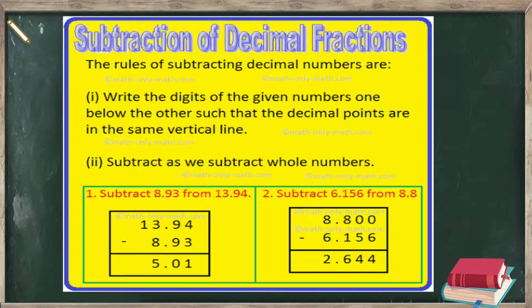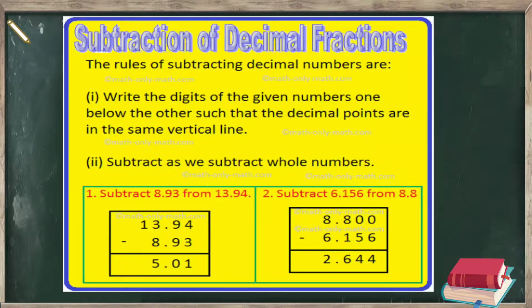Now 13 means 3, we cannot subtract 8 from 3, so we will borrow 1. It will become 13. 13 minus 8, the answer will be 5. So the final answer will be 5.01.